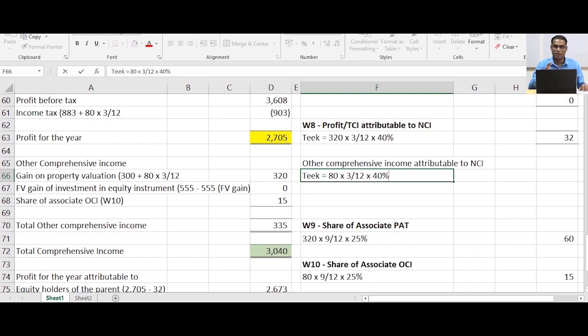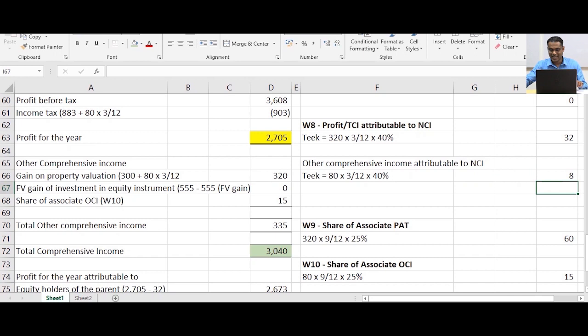80 is the total gain on revaluation, last 3 months, 3 upon 12. Out of that 40% to the NCI. How much is that? It is equal to 80 multiplied by 3 divided by 12 multiplied by 40%. How much? 8. So the other comprehensive income attributable to NCI is 8.